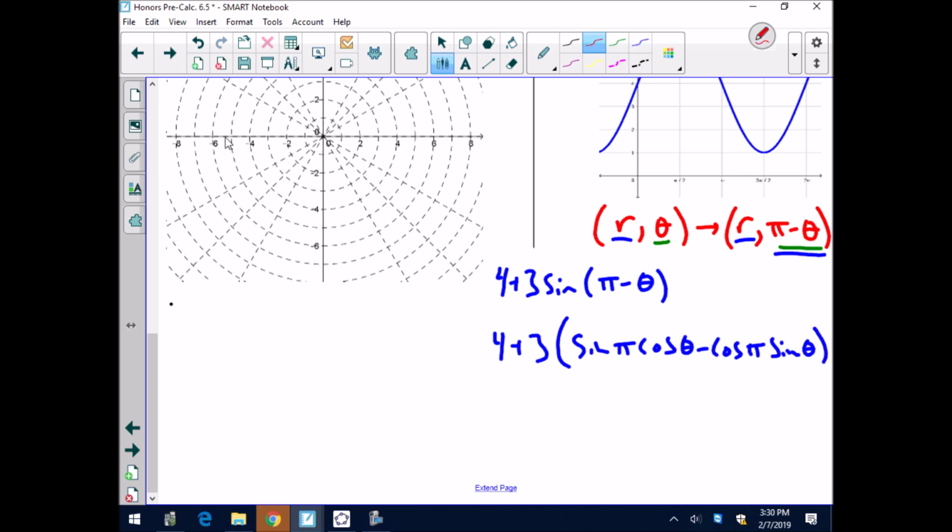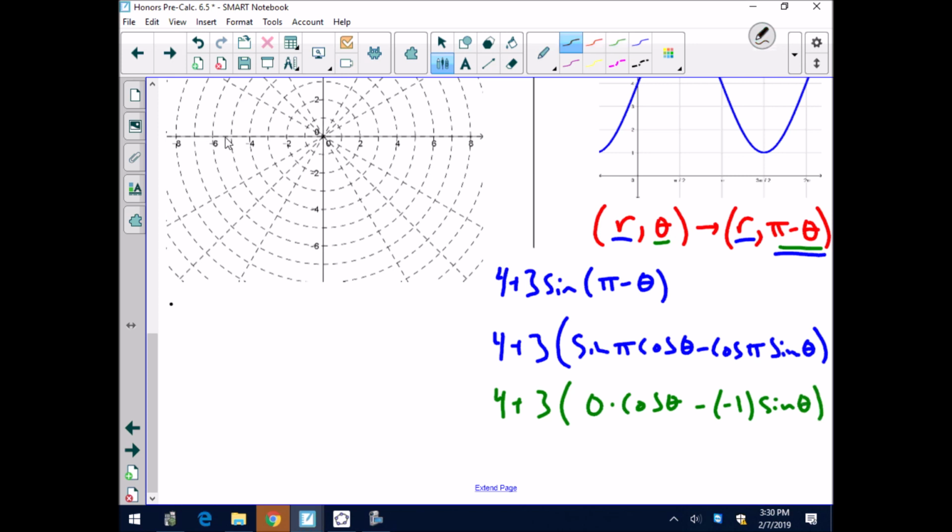Now we know that sine of pi is going to be 0, so we've got 0 times cosine theta, and we know that cosine of pi is going to be -1, so we've got a -1 sine theta.